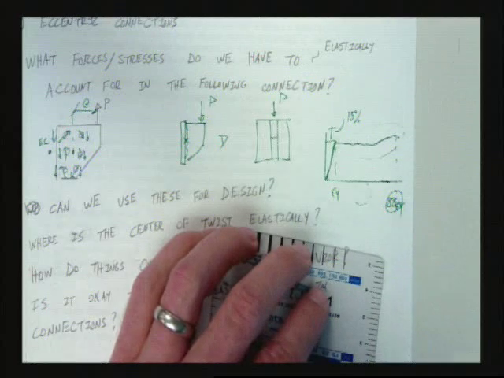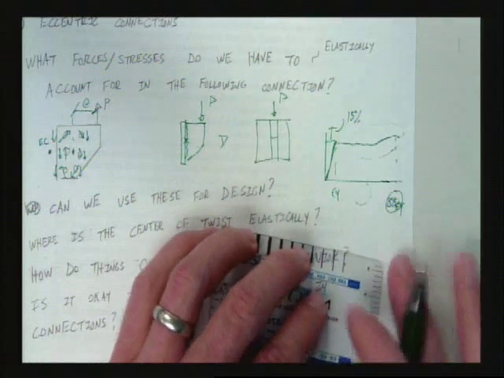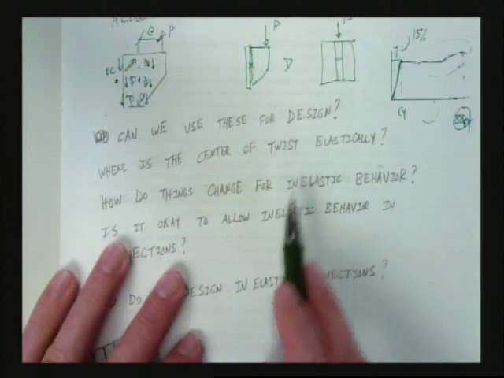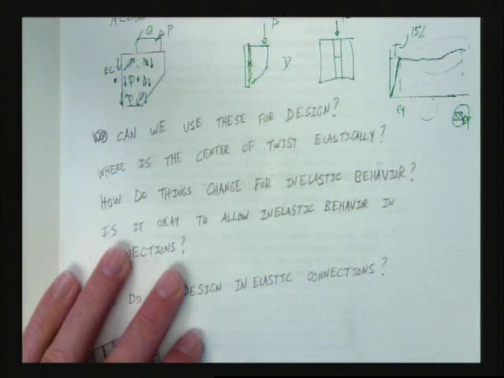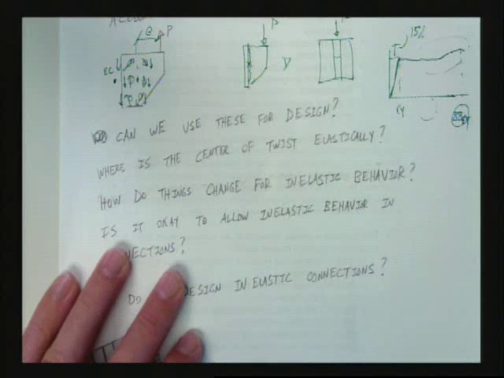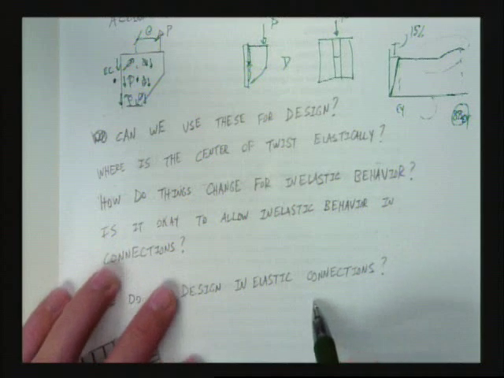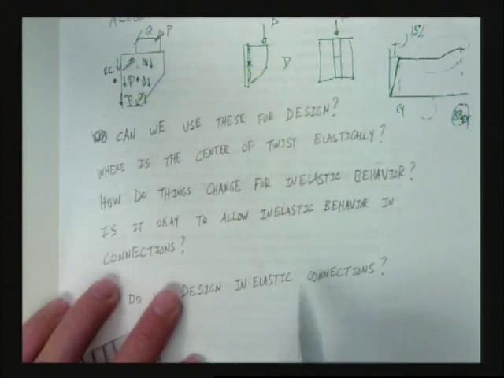You with me? So it is a little silly to use elastic-based design, but we can. It's possible, it's conservative, and sometimes it's the only answer. Okay? But a lot of times it's not.